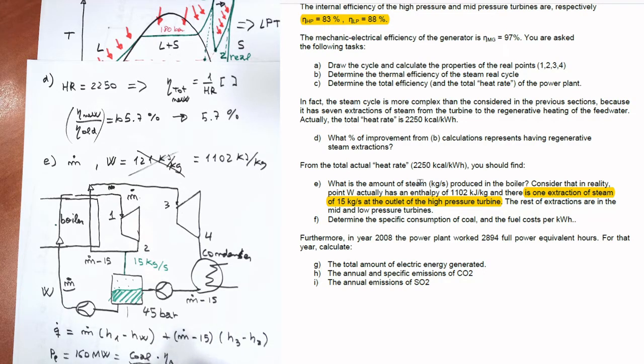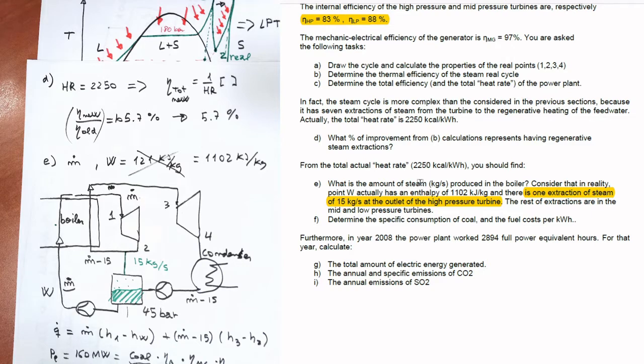Okay, this will be the mass of coal multiplied by the LHV multiplied by the efficiency of the mechanical generator and the efficiency of the cycle.